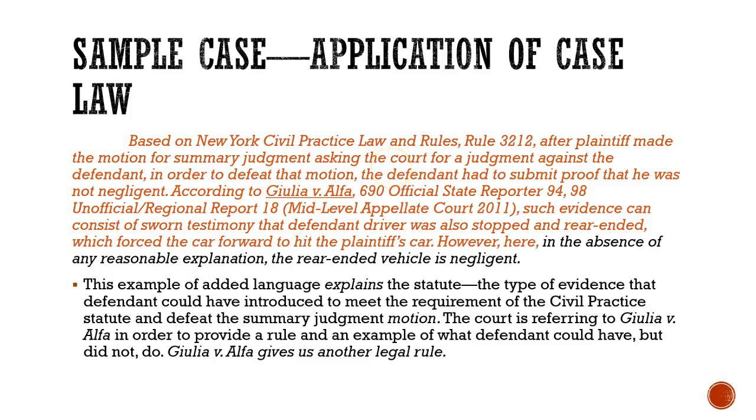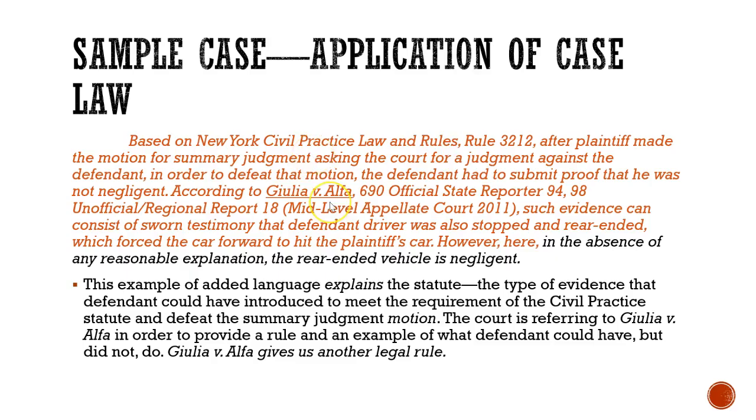So in short, in the above example, there are two rules within the case. There's the common law, which was the Gambino case, and the procedural rule called the civil practice rule, which is further explained by Guilia versus Alpha. So that is explaining the statute, not the common law.